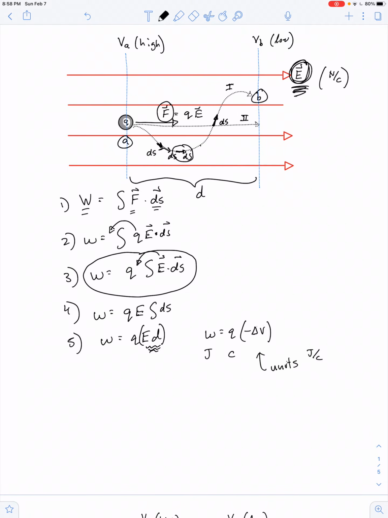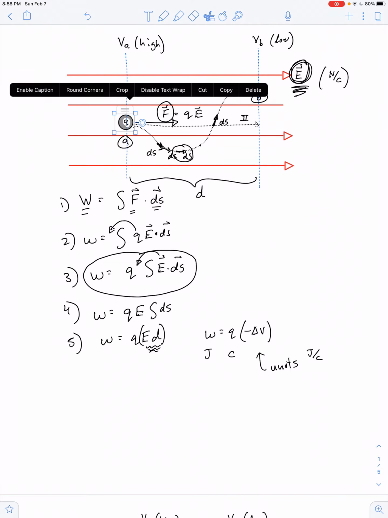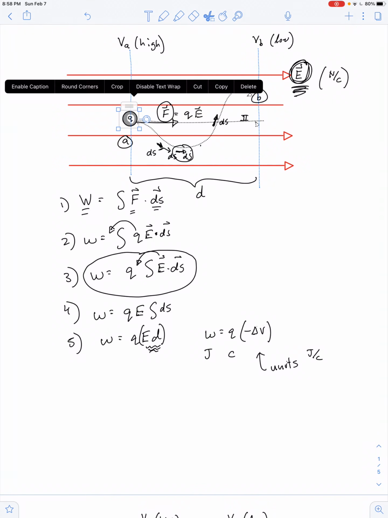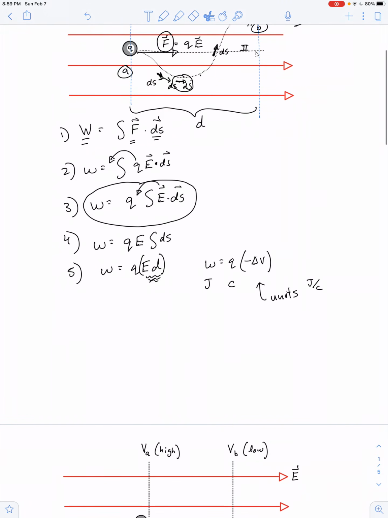So the work being done by that electric field is positive, but the charge is moving to a point of lower electric potential. So when the work done is positive, the change in potential is negative. Okay.